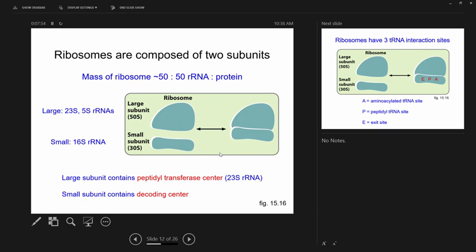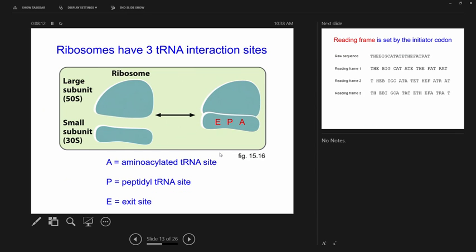So what amino acid comes in here is determined by how the tRNA interacts with the messenger RNA down there, and then the forming of the peptide bonds, adding a new amino acid to the growing protein chain, is done up at the top there. So we'll talk about this and then be done for today.